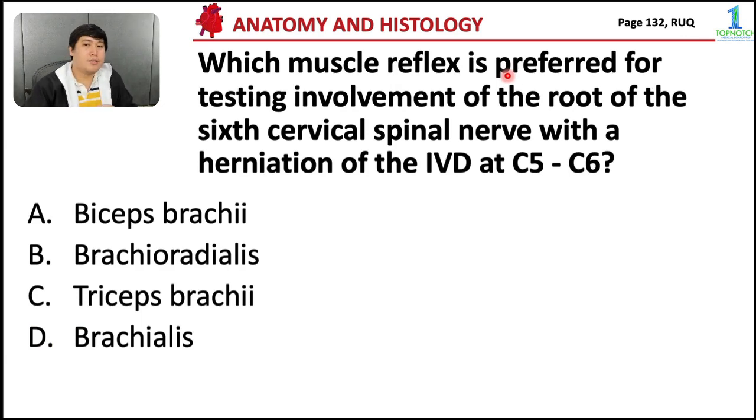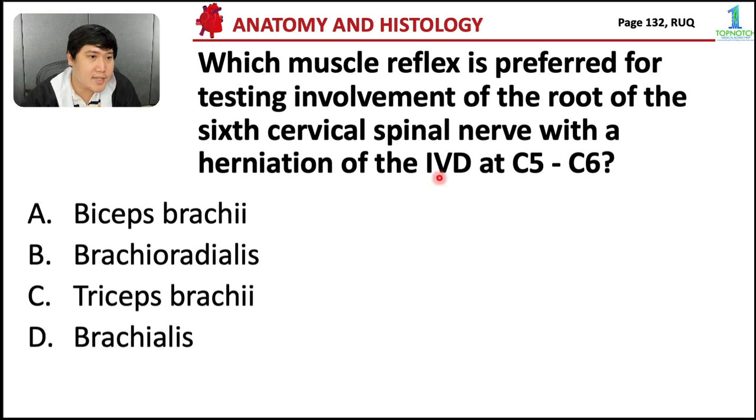Next, which muscle is preferred for testing involvement of the root of the 6th cervical spinal nerve within a herniation at the C5, C6 IVDs? Biceps, brachioradialis, triceps, or brachialis.